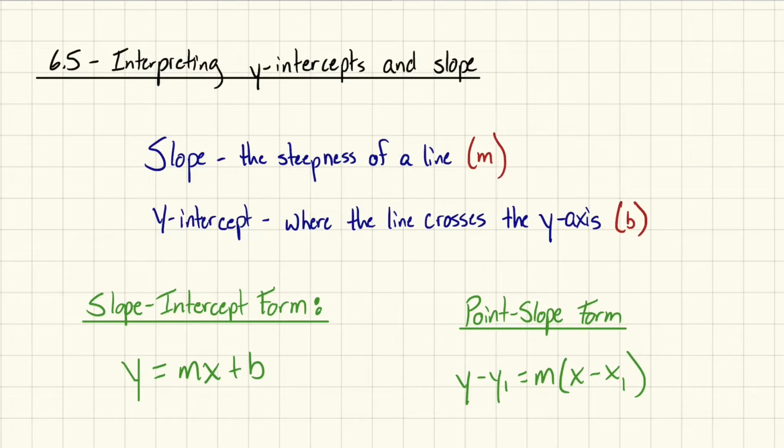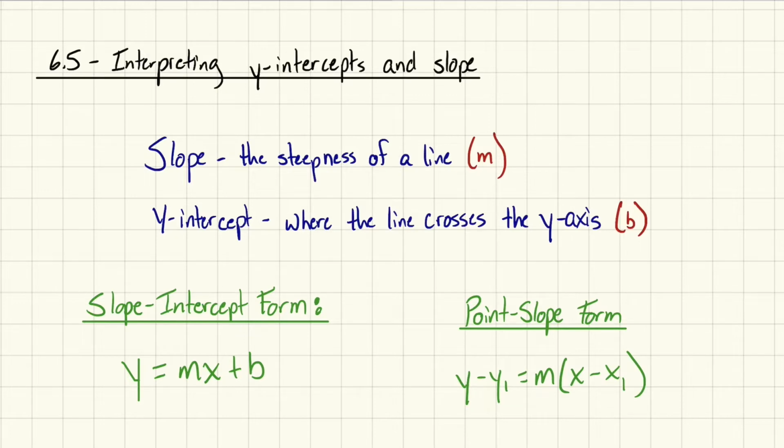A couple of new pieces of information for us with slope-intercept form: we've already covered previously that slope is the steepness of a line, and the variable we use in equations to describe slope is the letter m. Y-intercept is the place where the line crosses the y-axis, and that point is shown by the letter b.